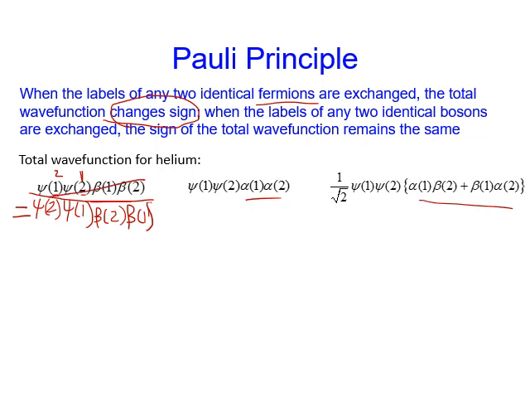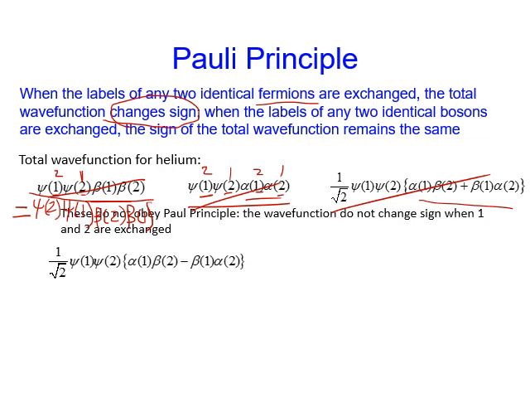Similarly, when you change the labels in the second wave function, 1 to 2, 2 to 1, the wave function does not change sign. So it's against the Pauli principle, and the same is true of the third one. The only wave function left is this one with a negative sign here.